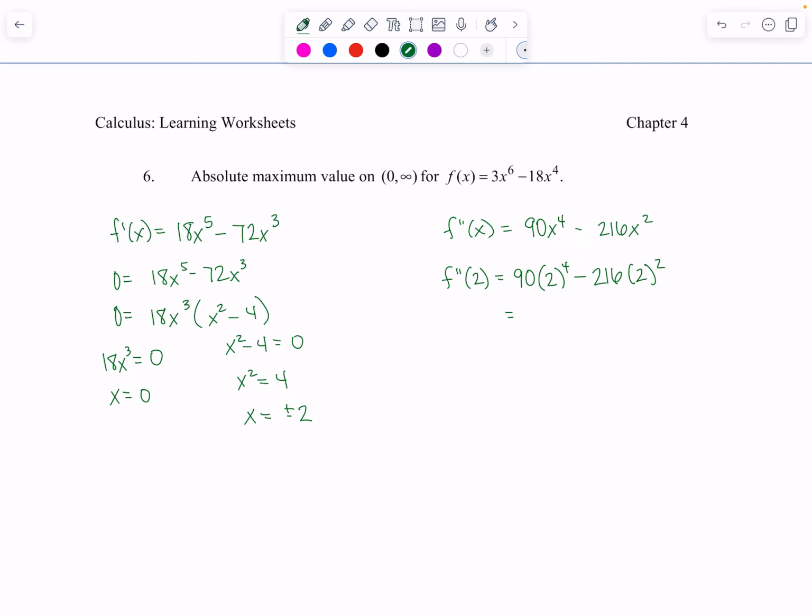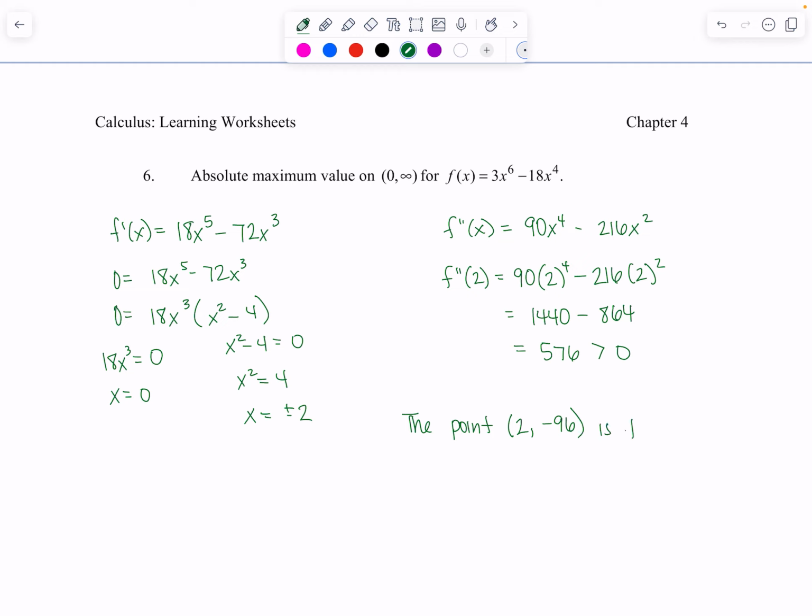This will give us 1,440 minus 864. So 576, which is positive. Therefore, the point 2, and if we plug 2 in, we get negative 96, is the absolute minimum.